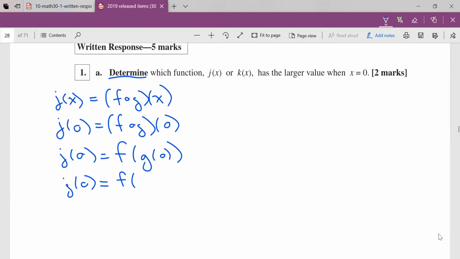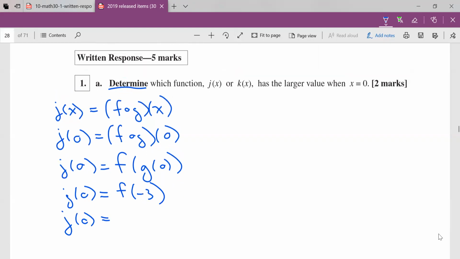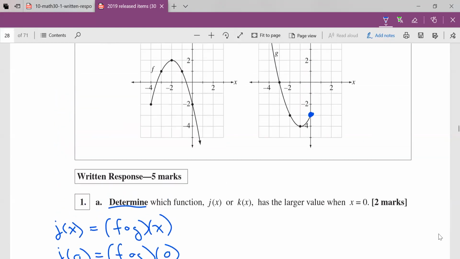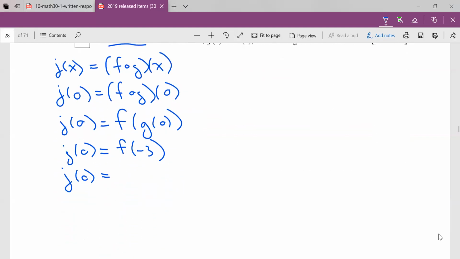So now we're f at -3. So now I say to myself, what's f at -3? So I go back up to f and I say, okay, my input's -3, my output is +1. And there it is. I'm going to box my answer, make it real clear for the person marking what my answer is.